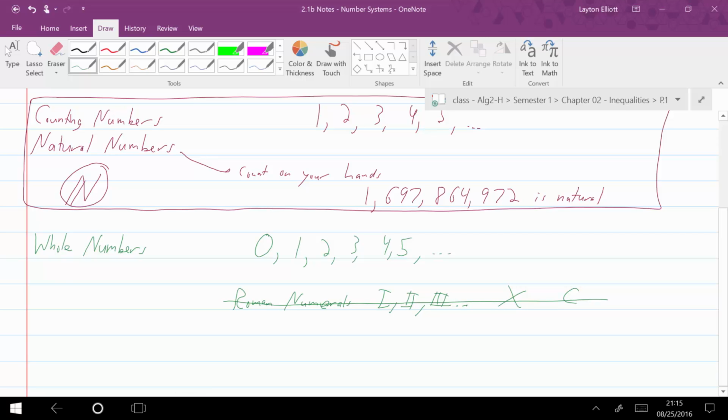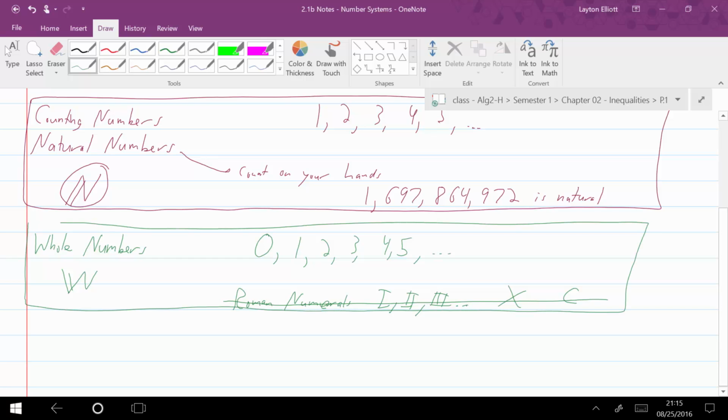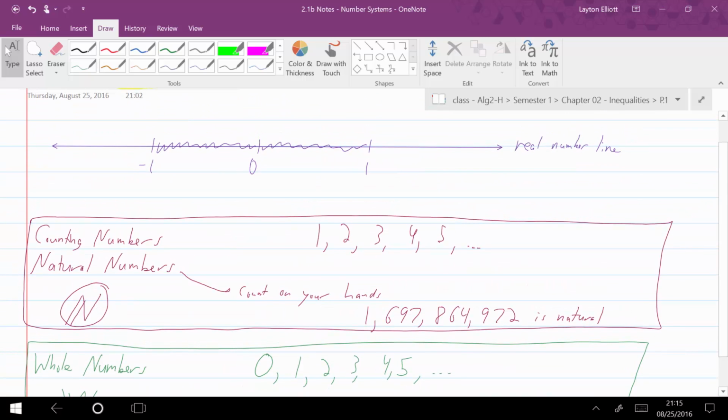We use the symbol W, with a double-struck style, to talk about whole numbers. So that's whole numbers. Now, I'm going to come back up here and say that the natural numbers, N, are a subset of the whole numbers.